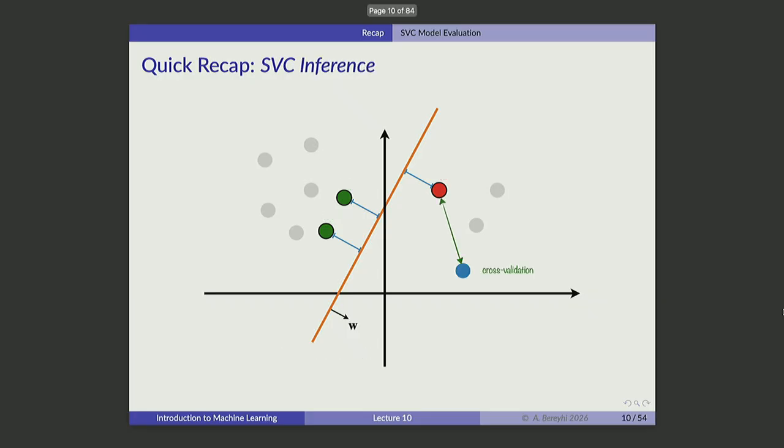Now, if you get a new point, we talked about this one as well. I give you a new point. The thing that you need to do, of course, geometrically, is checking where this point lands, but the key point is that on the paper, what we saw was that you get this new point, you just compute its cross correlation with all the support vectors, right? So you compute the cross correlation between this blue point and all the support vectors.